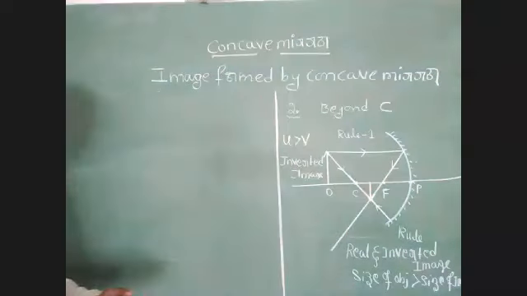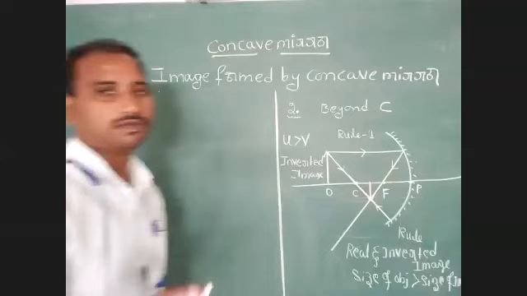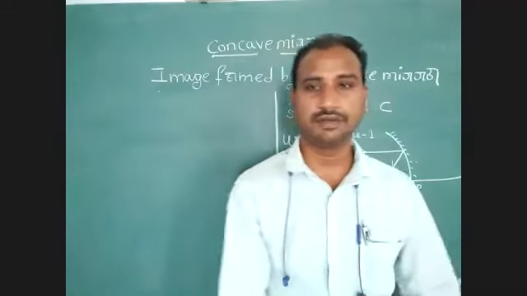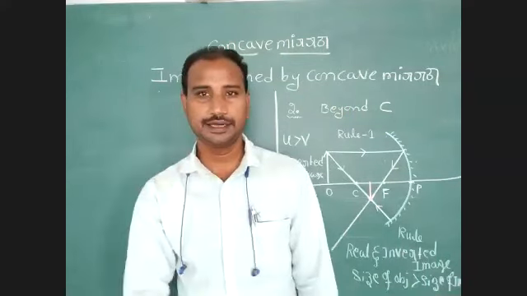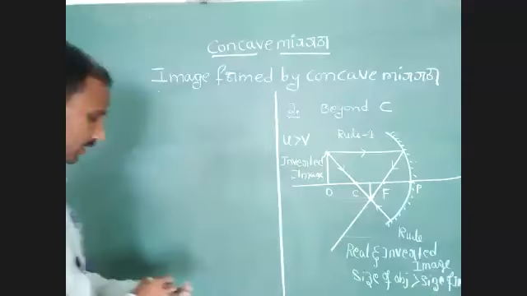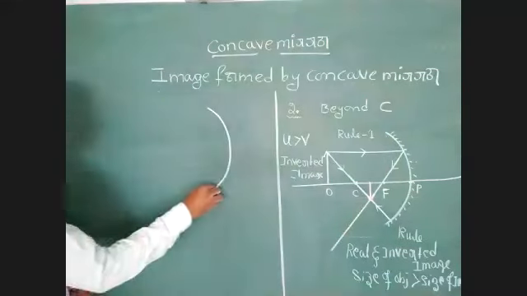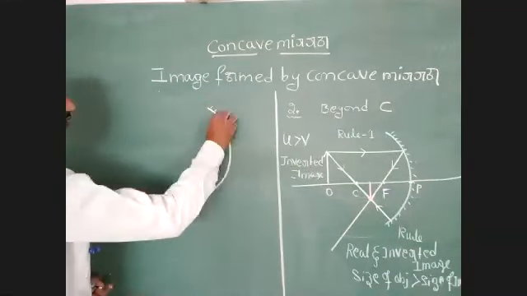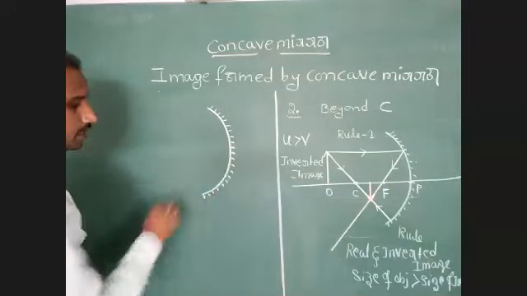Students, now just observe here. Another condition: now we have to consider the position of an object exactly at the center of curvature. Draw the concave mirror. The outside surface is opaque, the inside surface is reflecting.